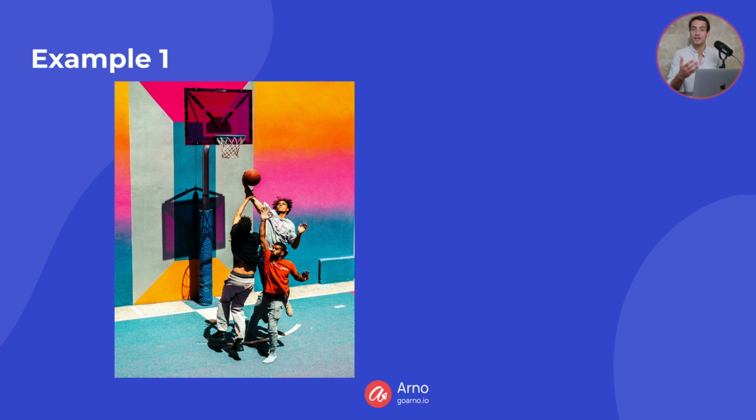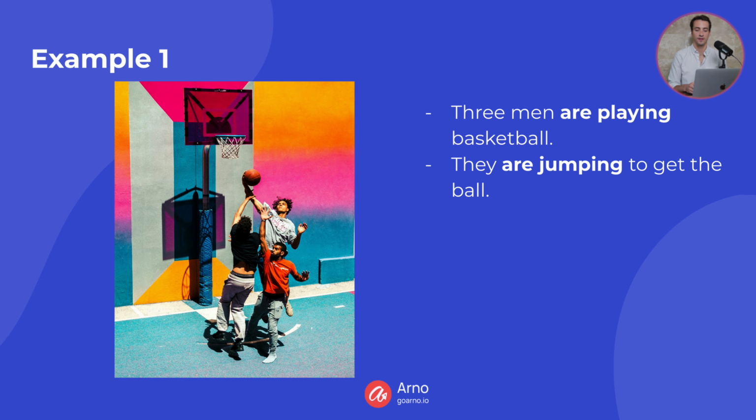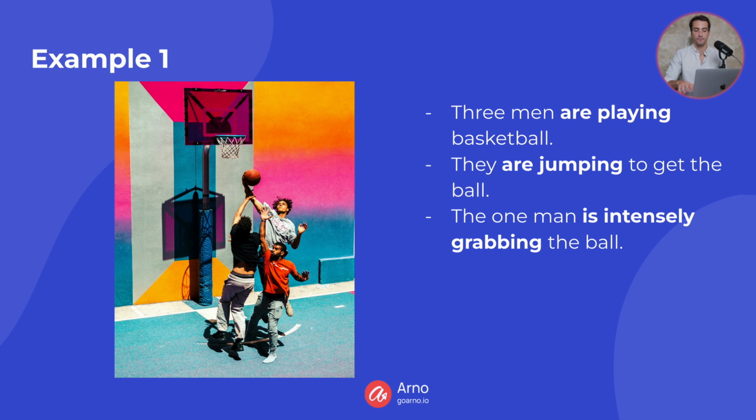In this image, we can see that there is a lot of action. Three men are playing basketball. They are jumping to get the ball. The one man is intensely grabbing the ball.